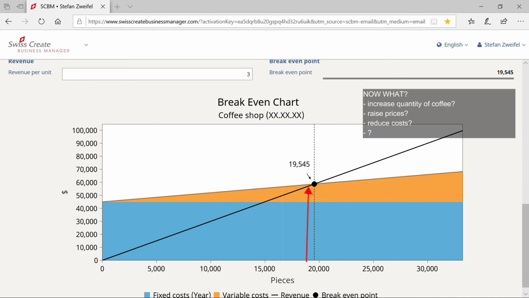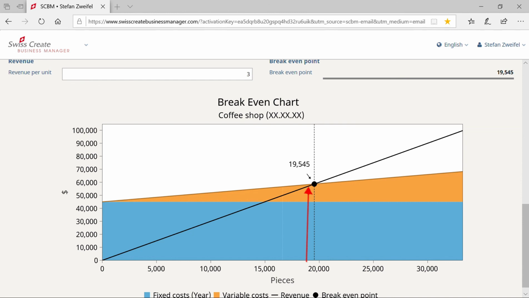For example, I could first increase the quantity of coffee by specific measures, so more customers. Second, I could raise the prices of a cup of coffee. Or third, I could try to reduce the product costs, or all three together. Whatever the case, I now have a basis for my further measures. I wish you many insights and good ideas with the break-even calculation.